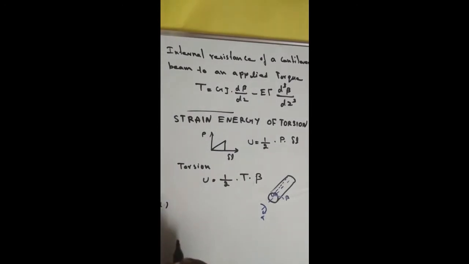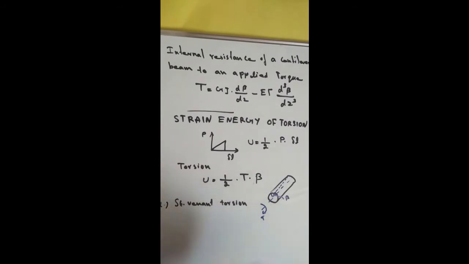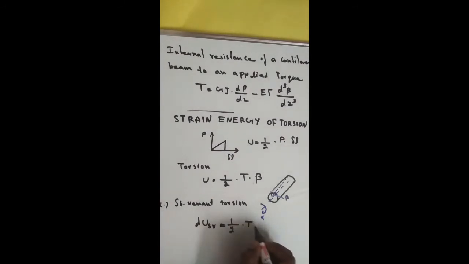Now I am writing the strain energy of Saint Venant's torsion. The strain energy of torsion we can divide into two. One is the Saint Venant's torsion, or pure torsion, and the other is the warping torsion. I already told you that pure torsion you can see in the circular rod. dU_SV is equal to 1/2, just rewriting the above equation, 1/2 into T into d beta.